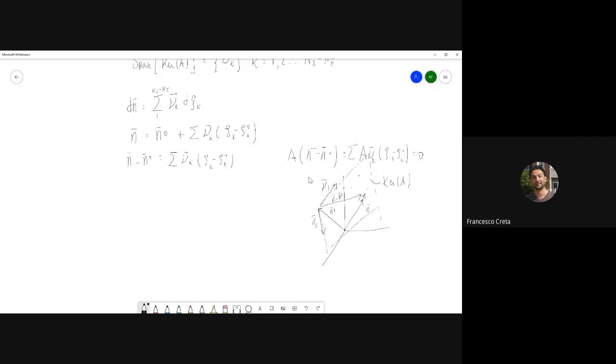But clearly one step towards a solution of the problem is that of finding a basis, nu k, with k equals 1 to NS minus NE, of the kernel of A. Because if we know these vectors, well, we know where to move, okay?